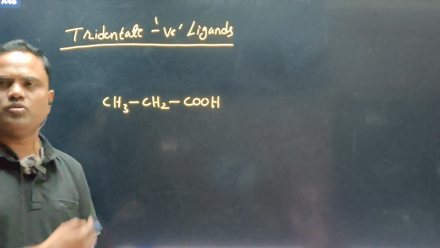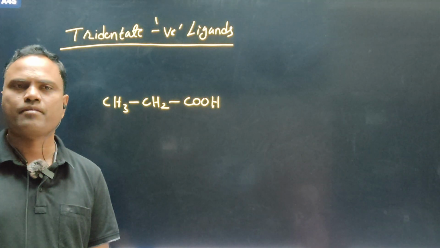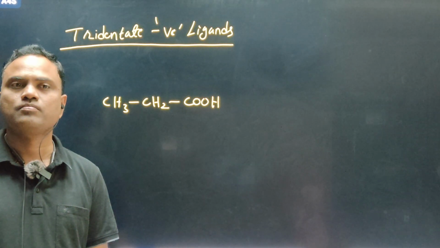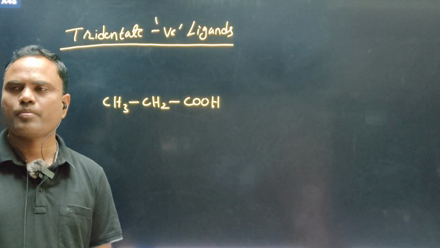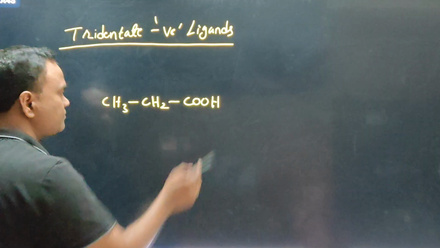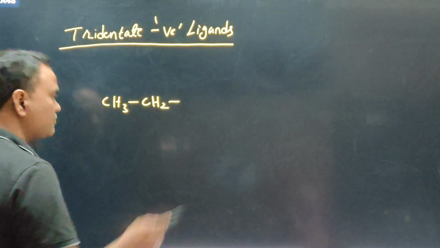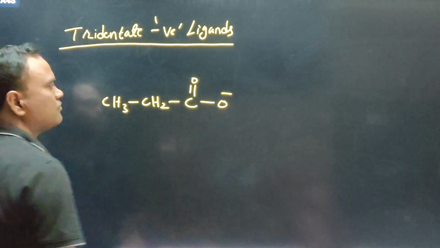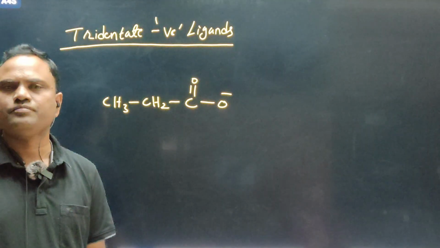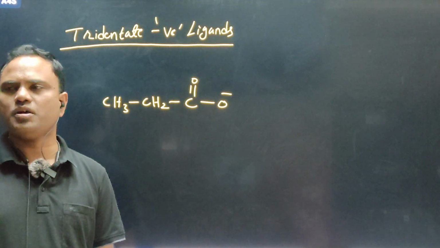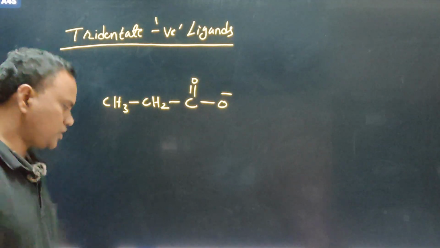IUPAC nomenclature. Propanoic acid. This one, propanoate ion, carboxylate ion, propanoate.